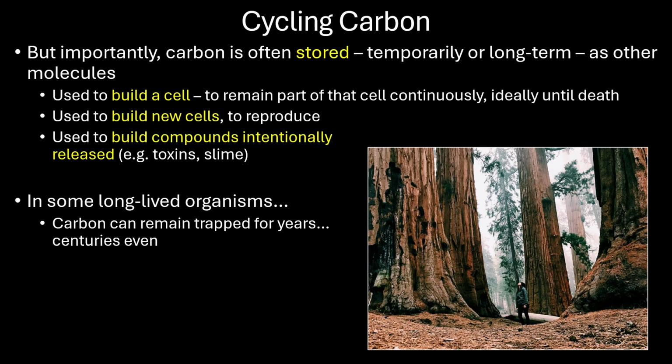Even the glycocalyx of bacteria, those are compounds that are released by the organism and exist on the outside of the organism, and they're made of sugars. And in some long-lived organisms, carbon can remain trapped inside them for years, sometimes even centuries, for particularly long-lived organisms, like, for example, the giant sequoia trees out west.